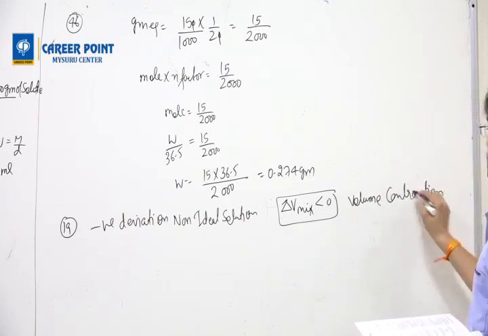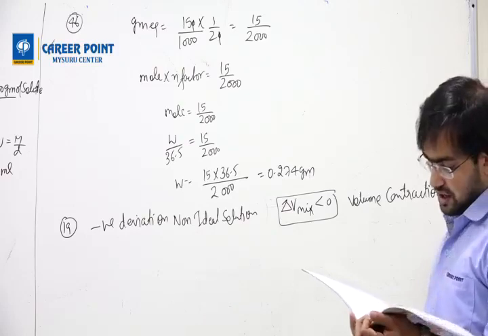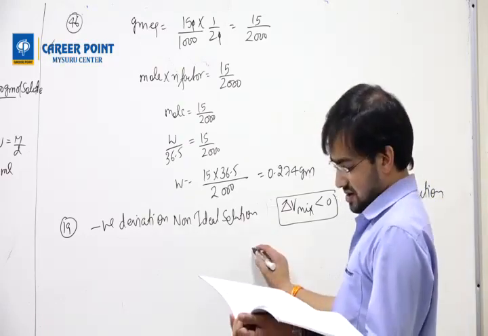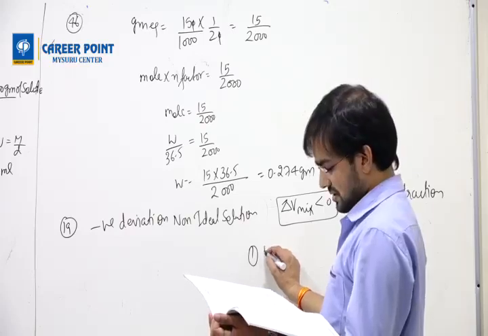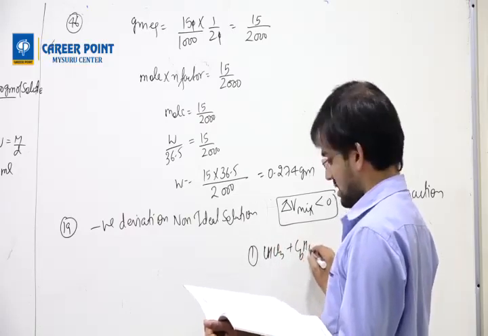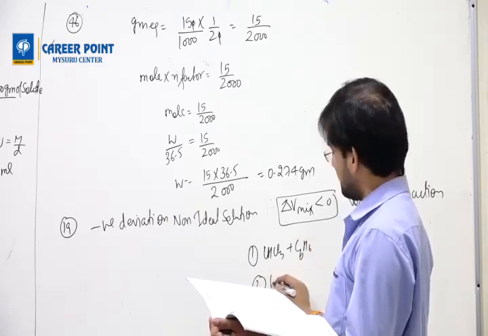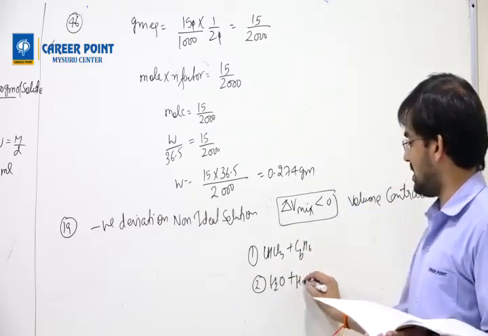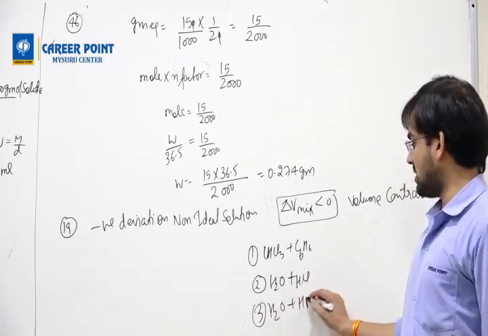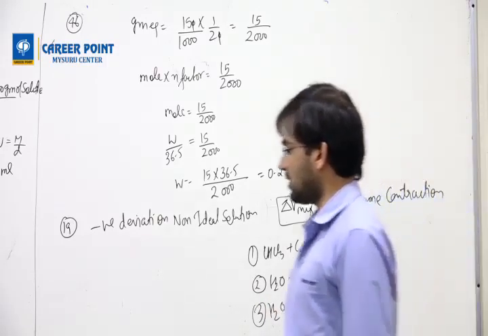Now H2O and HNO3 I gave in the example. So all are there. You have CHCl3 plus C6H6. You have to memorize all this. H2O plus HCl. Third one is H2O plus HNO3. 19 done.